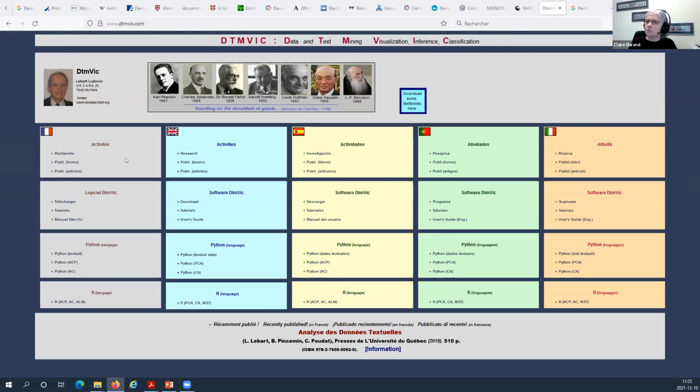You see here that you have it in French, English, Spanish, Portuguese, and Italian. As for some of the information, the software itself is mostly in English. The software is rather easy to use, but Ludovic Lebar, whom Dominique spoke about recently in his presentation, also put the Python language to do the same thing and the R language to do the same thing.